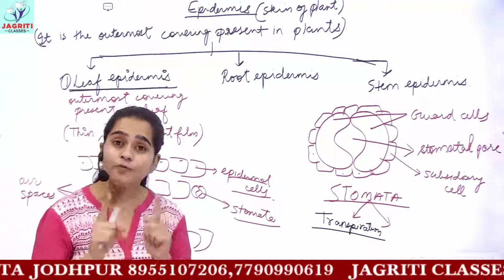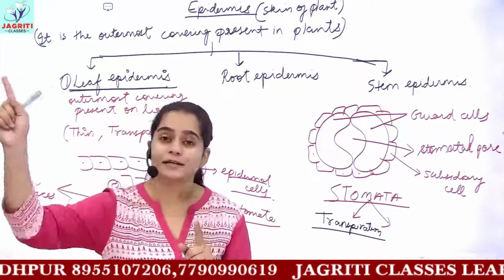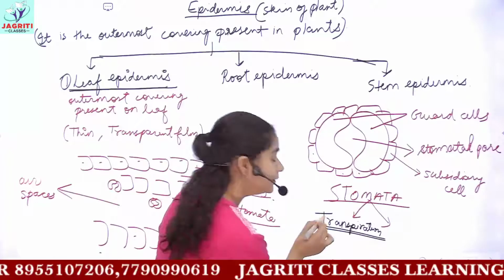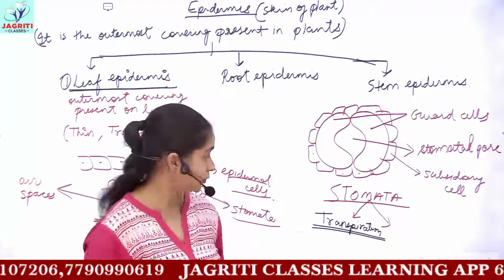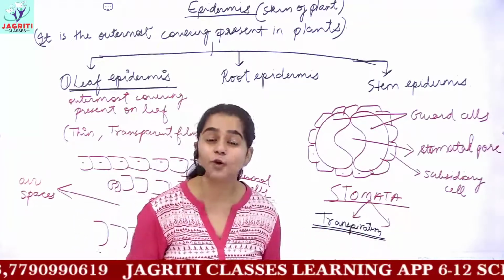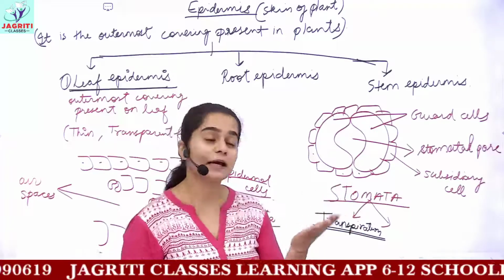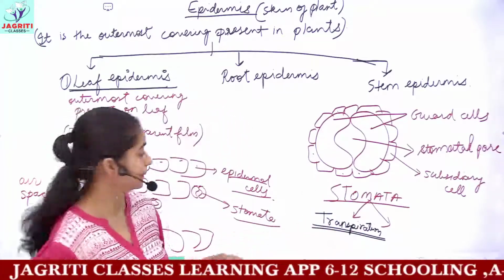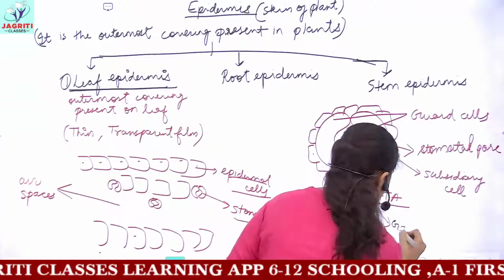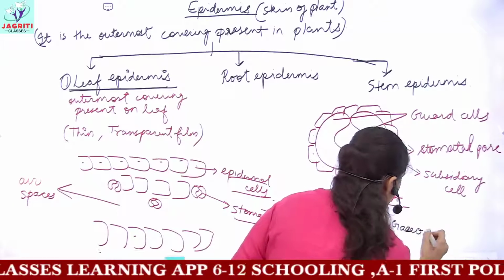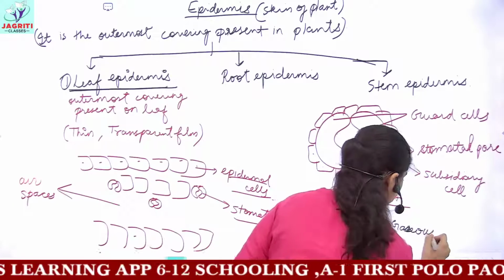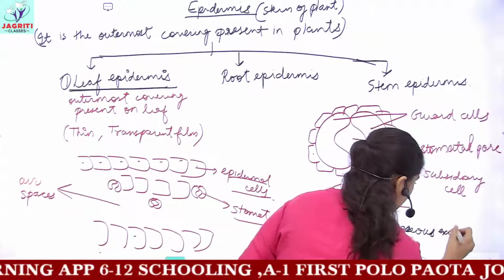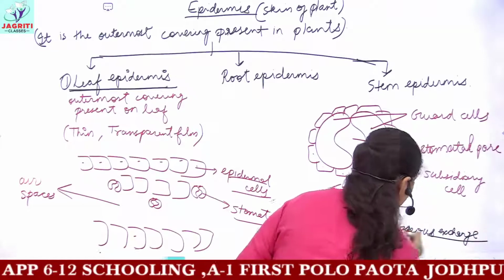The loss of water in the form of vapors through stomata is called transpiration. So you can note it down. And the next function which the stomata perform is gaseous exchange. So these are the two functions performed by stomata.